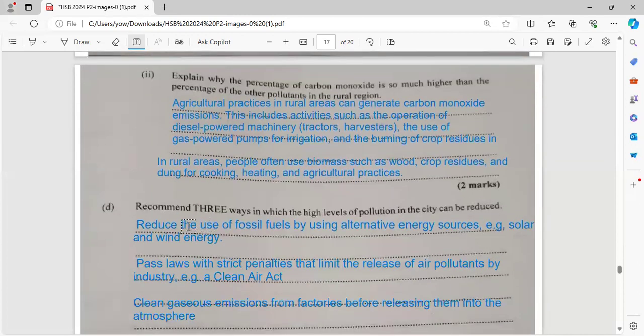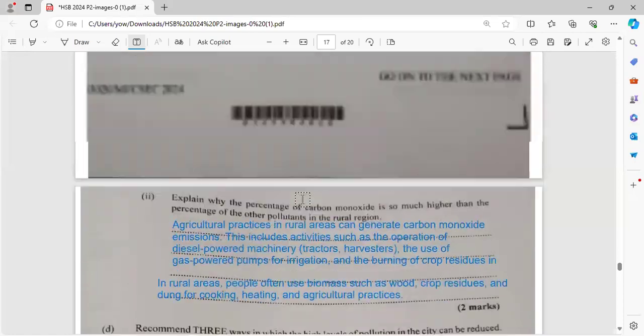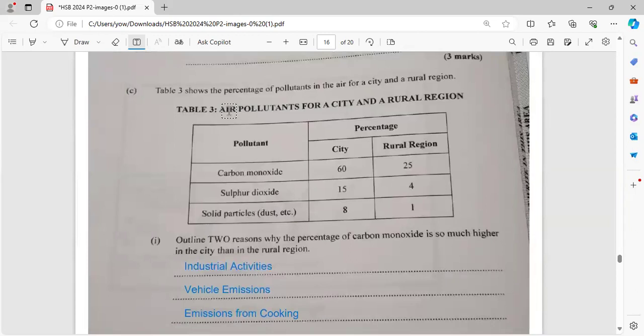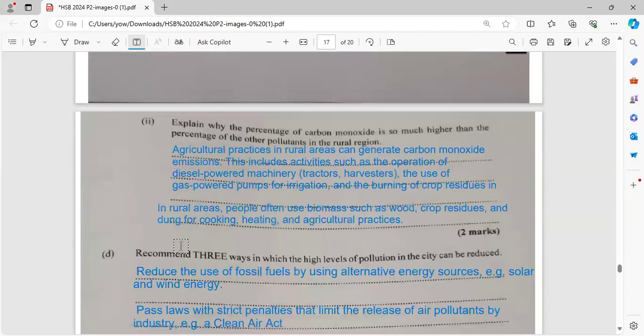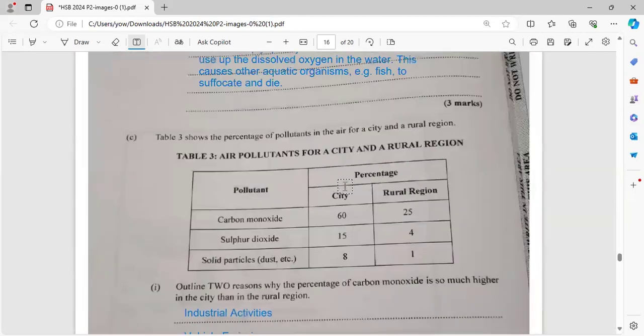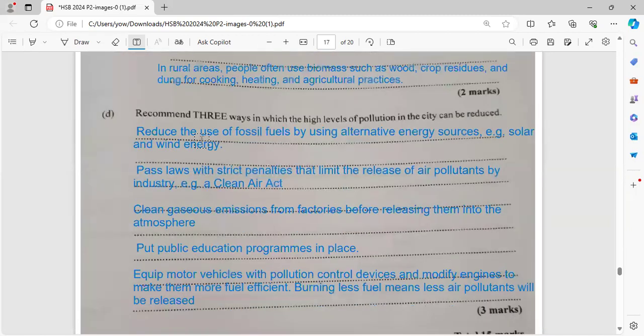All right. Recommend 3 ways in which the high levels of pollution in the city can be reduced. Remember, we're talking about air pollution, so stick with what it's talking about. I assume we're talking about this city here. So we say reduce the use of fossil fuels by using alternative energy, either solar or wind energy.